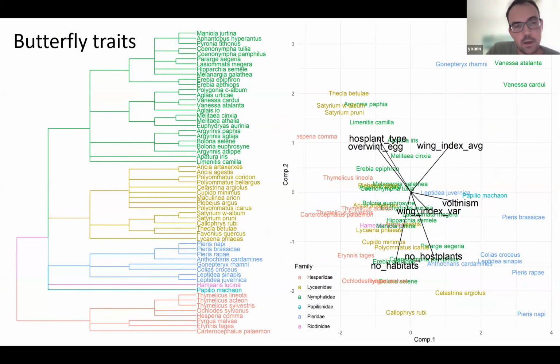So at the heart of our approach are the species traits. Those are often tricky to get, especially when you have very big communities like the moths. But for example, for the butterflies here, we have 7 traits that characterize the different species. So every species is located in that 7-dimension space, and it's here projected in 2D space. Species that are alike are shown as neighbors in that plot.